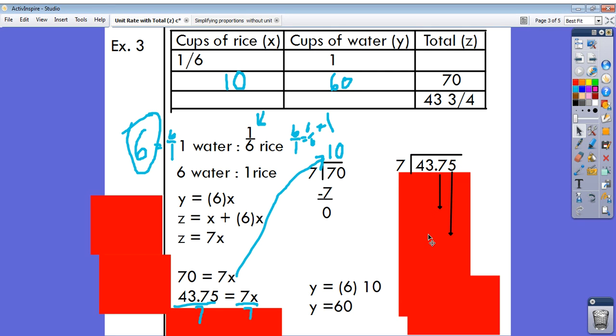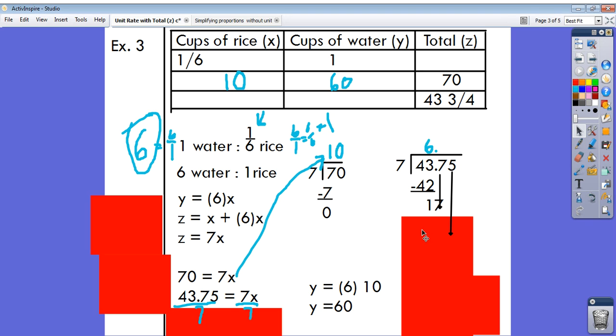Looks exactly like this. How many times does 7 go into 40? But how many times does 7 go into 43? The answer is 6. Then the decimal point.